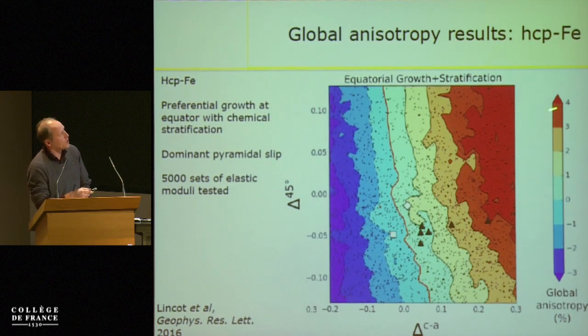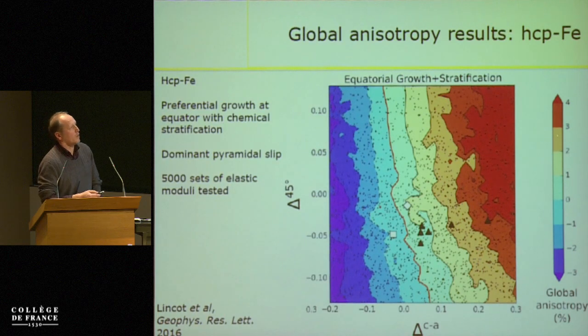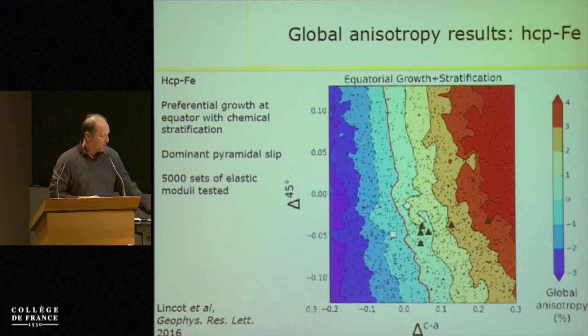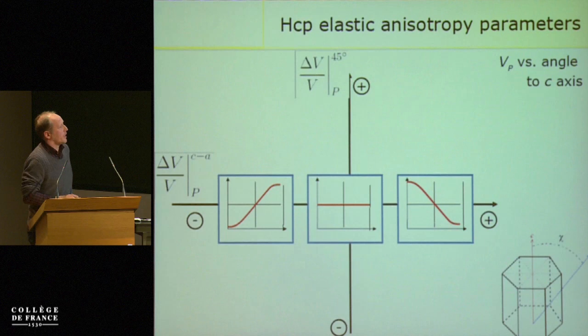This color is the global inner core anisotropy. We want something between 2 and 4%, something in the orange or red. And then this is something related to the single crystal, which I will explain now. In an HCP alloy, when you want to plot the velocity in the single crystal, you plot the P wave velocity as a function of orientation to the C-axis.